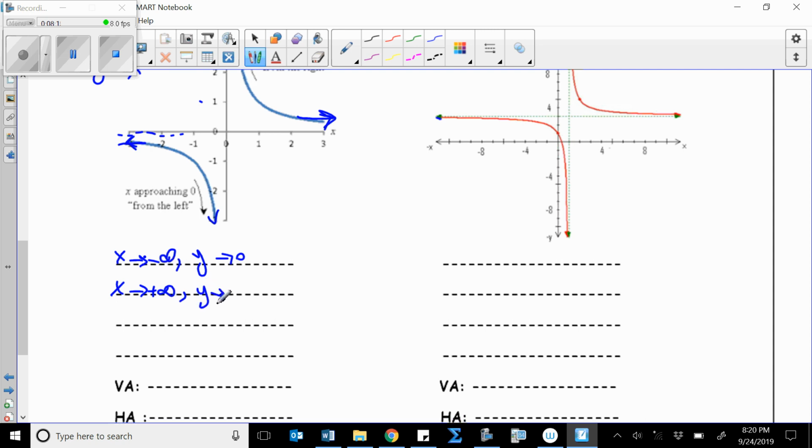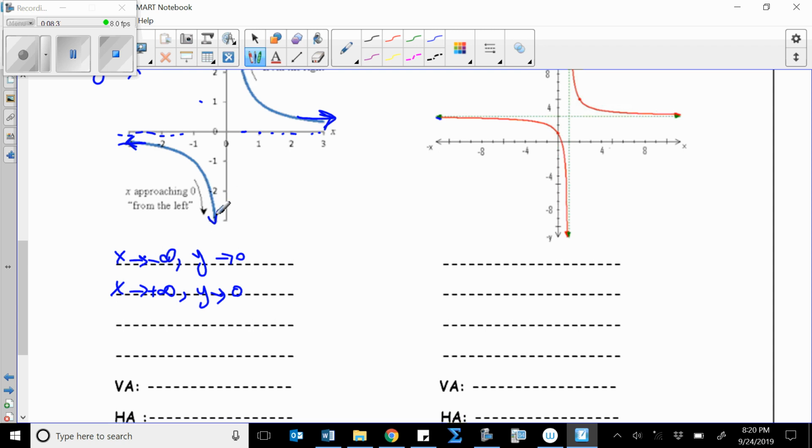Now what is y doing at this point? As you move on the graph, you see that the y value is getting closer and closer to 0, but this asymptote that we have here doesn't let your y actually pass through this point. So your y is just getting close to 0 and cannot pass it.